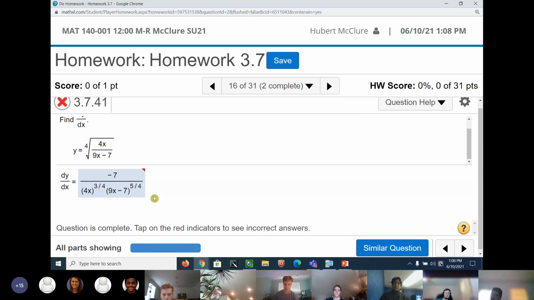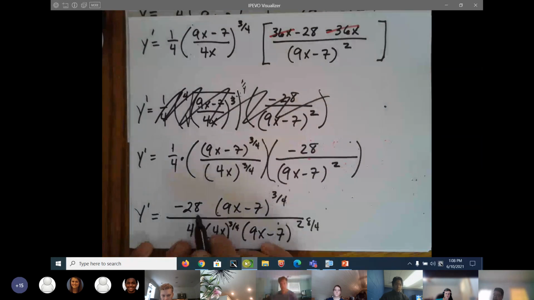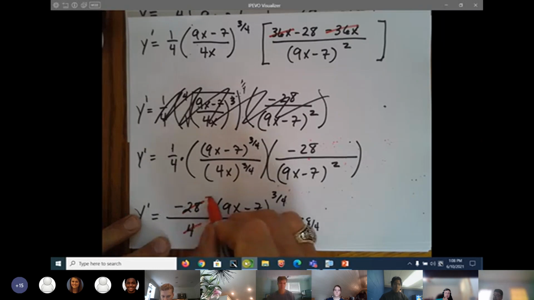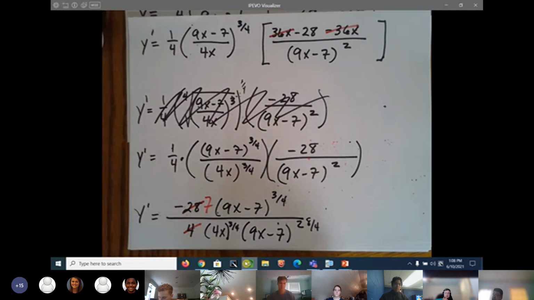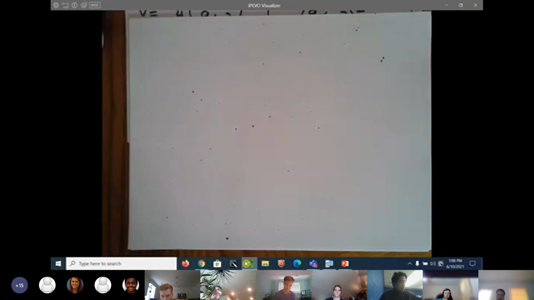All right, so 28 divided by 4 is 7. So that cancels, and that makes a 7. And then 9x, this is 3/4, and that's 8/4. So I'm going to go to the next page.